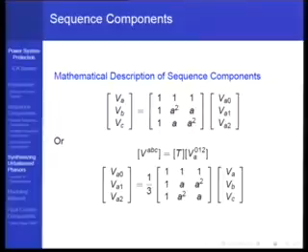Now, as far as computations like short circuit analysis are concerned, there is no major advantage with today's computers to do anything in the sequence domain. You can do it directly in phase coordinates. You can do short circuit analysis in 3 phase coordinates, probably in a much better generic way than what you do in the sequence domain.